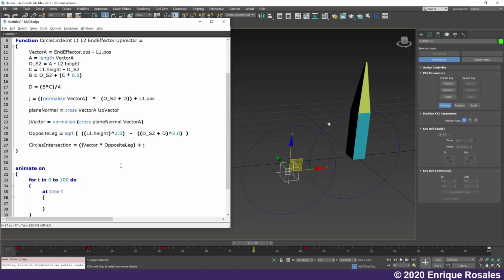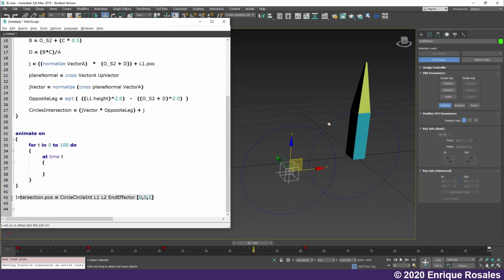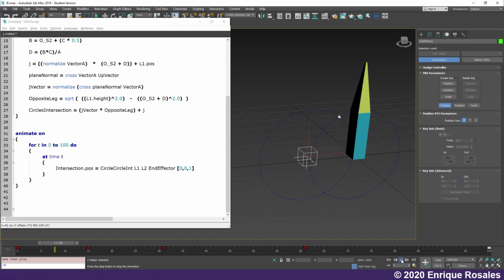This is just a recipe in 3js max to compute everything for each frame and animate stuff. So I compute everything, and I play, and there you go. That's the intersection between those circles, and it's perfectly fine, and it's very simple.